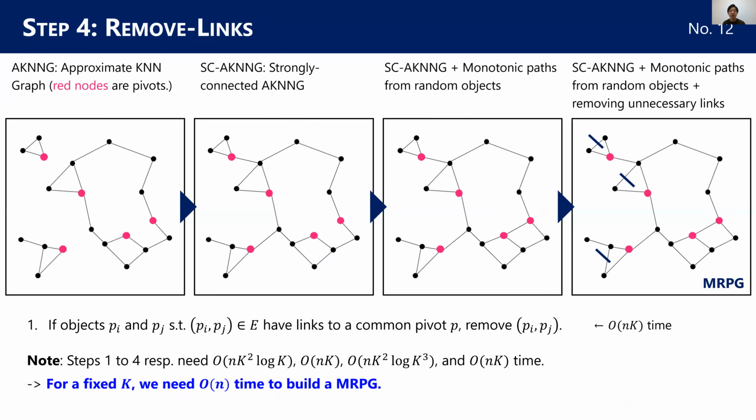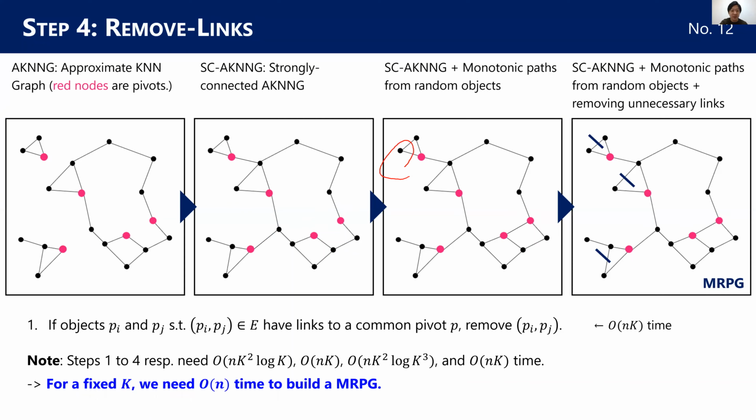Last, we remove unnecessary links. Actually, we optimized our DoD algorithm for MRPG, and it always traverses pivots. Now, let's consider objects Pi and Pj, which are connected by a link.